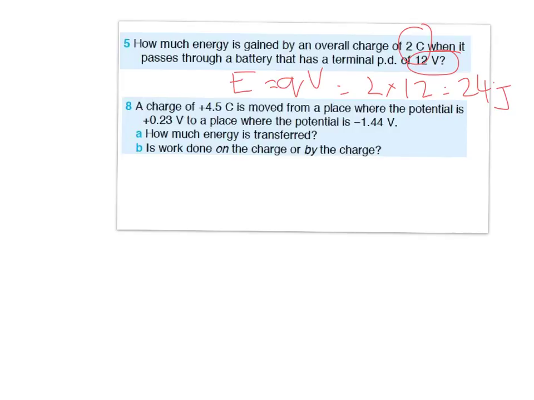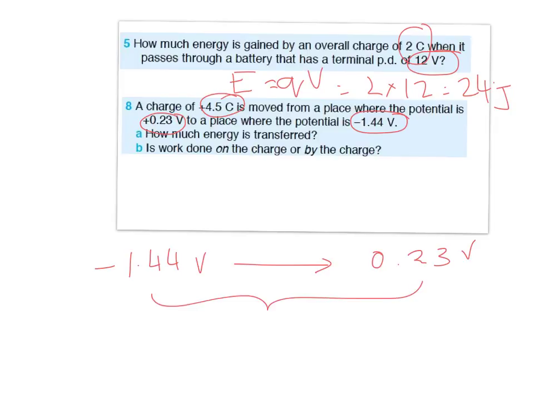A charge of plus 4.5 is moved from a place where the potential is plus 2.3 to a place where the potential is minus 1.44. How much energy is transferred? Now here it's important to note that energy is a scalar. So we go from minus 1.44 to 0.23.